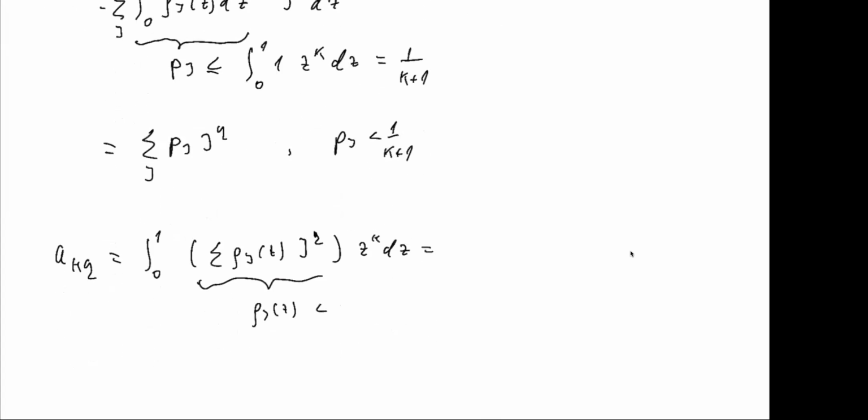You define that as your rho Z, right? There's no longer J in it, you already sum over J. So you define this new thing, and it's going to be smaller than the sum over JQ, again where rho J of Z is maximized, so 1.